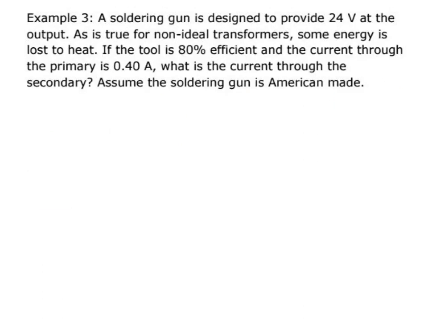All right, this final example deals with a more realistic situation where power is not actually conserved. So we have been looking at really an ideal situation to say that the power in is equal to the power out. Generally, there will be losses due to heat and so forth. So this soldering gun, which is used for electronics and so forth, is only 80% efficient.